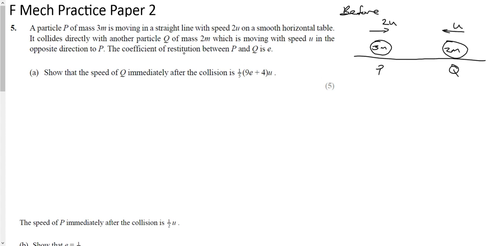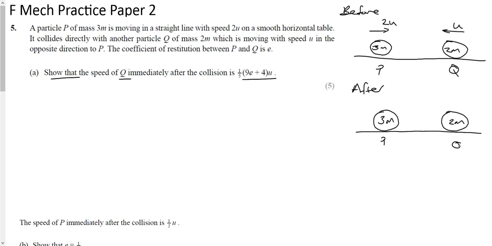Okay, we're given the coefficient of restitution, and we've got to show that the speed of Q is this. So we need an after diagram, so we know what's going on, and the examiner can see how you've set up your problem and check your equations are correct.